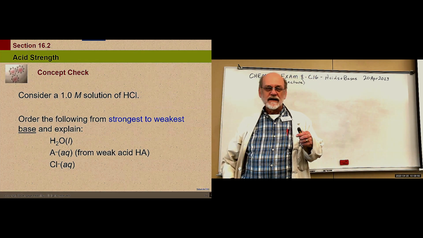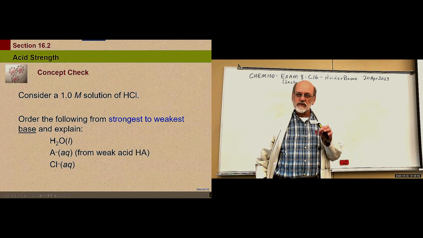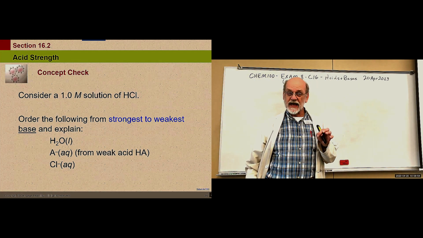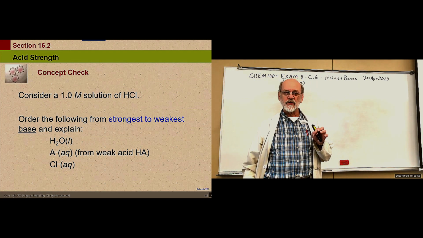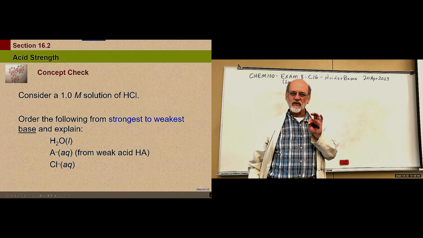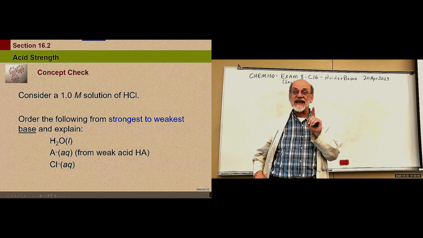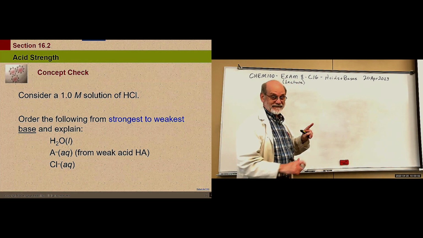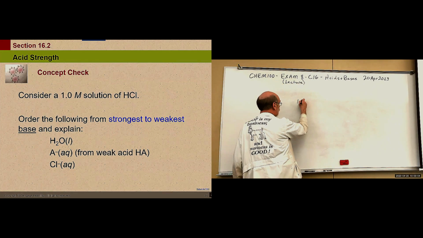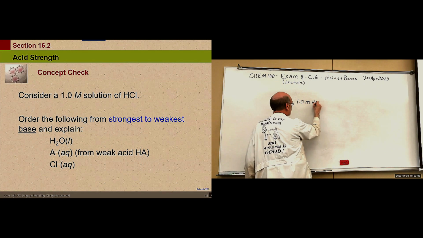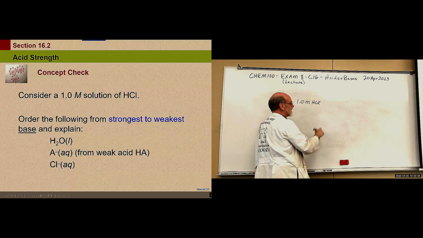So we have a 1 molar solution of hydrochloric acid, and we want to order these things in order of strongest to weakest base. So if we have 1 molar HCl, what is its conjugate base?